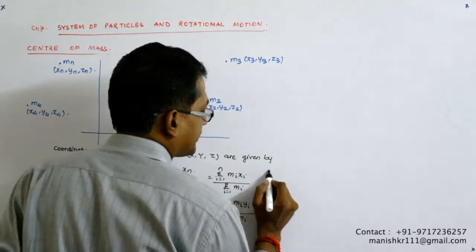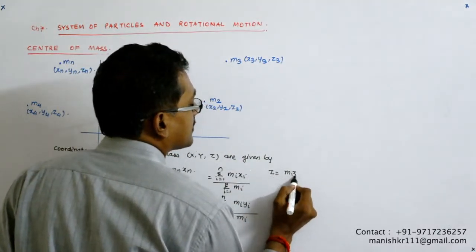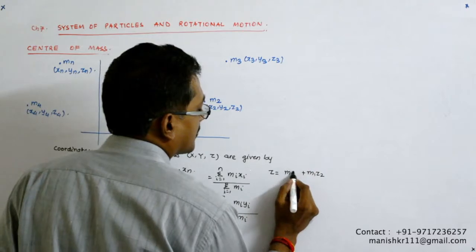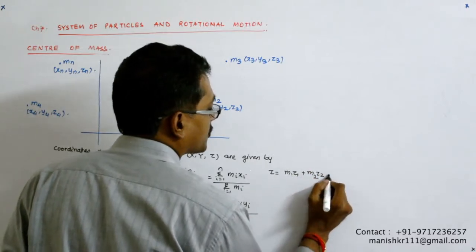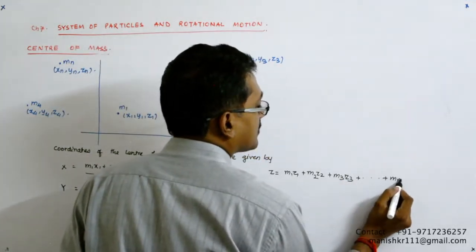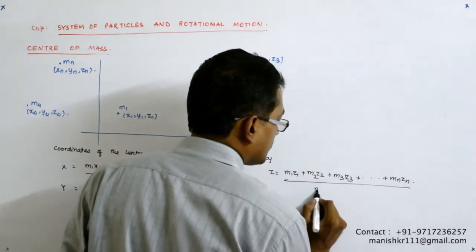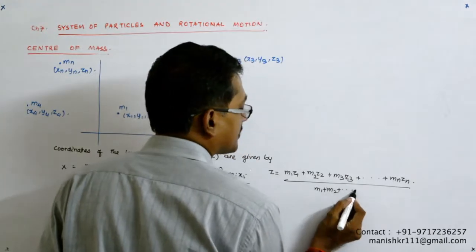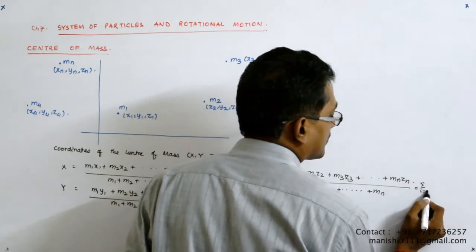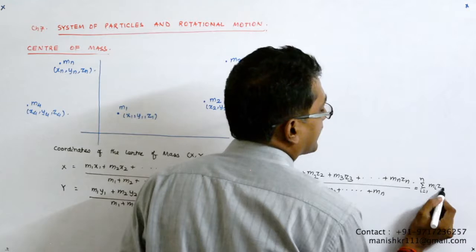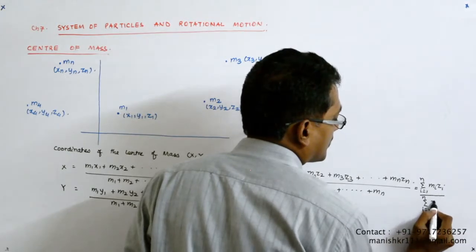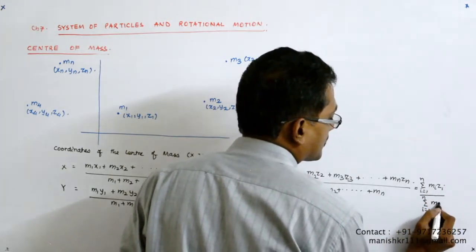And obviously the z coordinate is m1 z1 plus m2 z2 plus m3 z3 maybe, plus mn zn upon m1 plus m2 plus mn, which is nothing but summation mi zi divided by summation mi, okay.